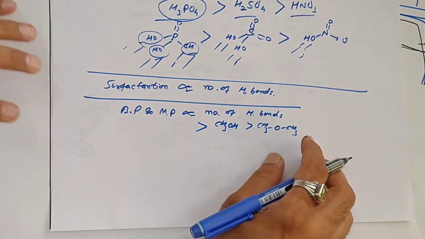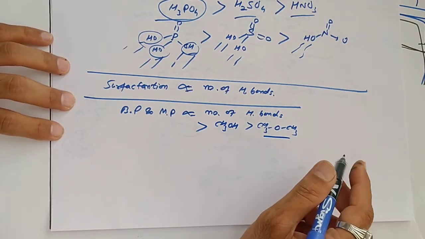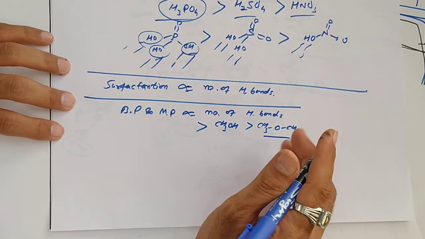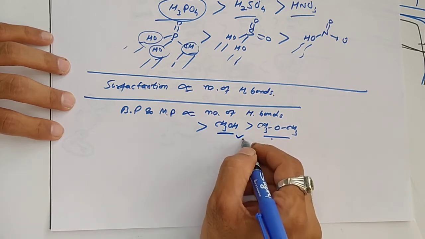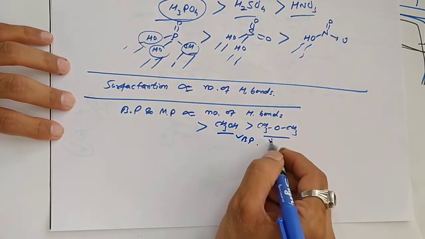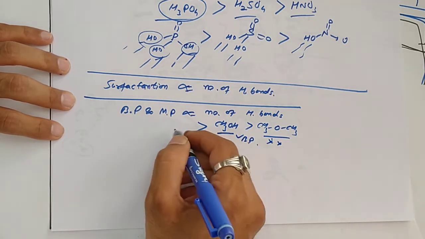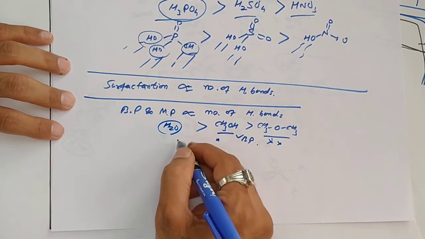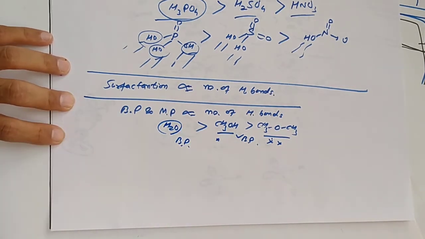Actually, boiling point depends upon molecular mass, but here, having near about molecular mass, we can compare: methanol has more boiling point than ether. Why? In ether there is no hydrogen bond. In methanol there is hydrogen bond, but water has the highest out of the two. Yes, 100 degrees Celsius due to hydrogen bonding.